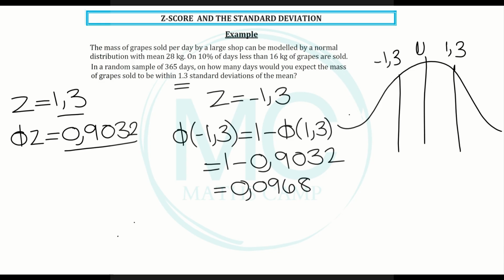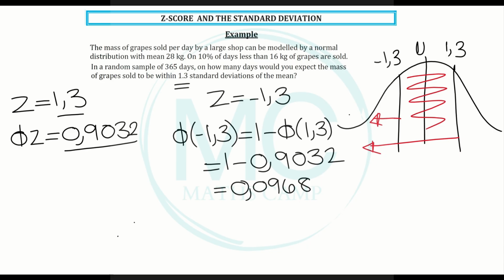Now let's look at our bell curve. The probability that z is smaller than 1,3 is this area over here. But we want the area inside. So all we need to do is subtract the area to the left of negative 1,3.